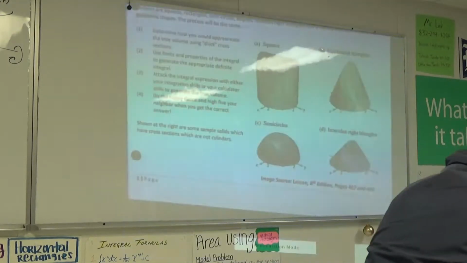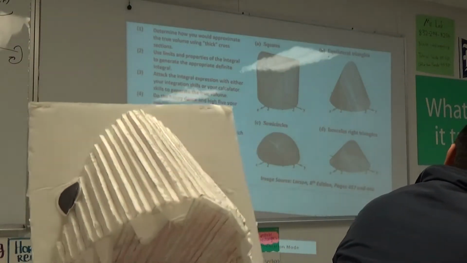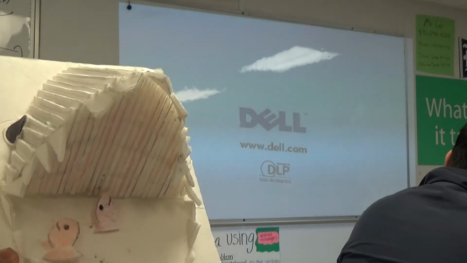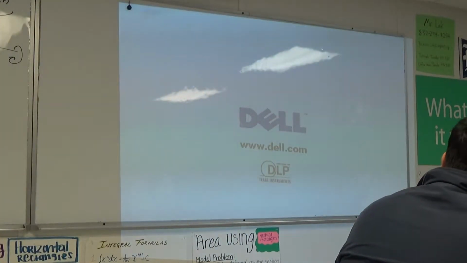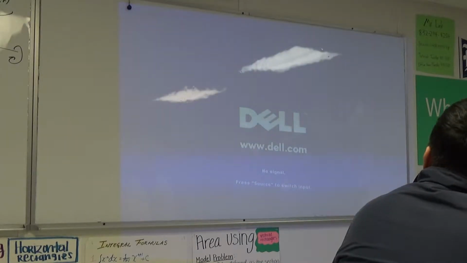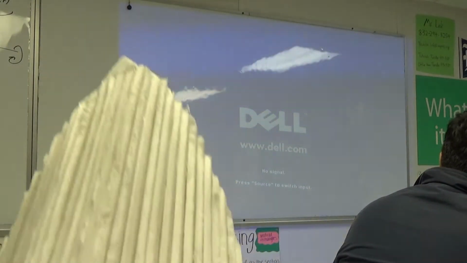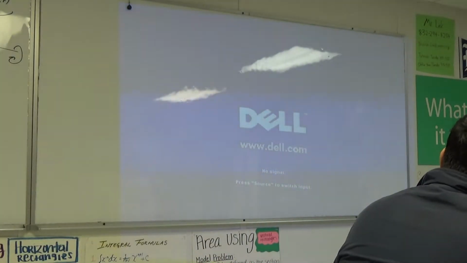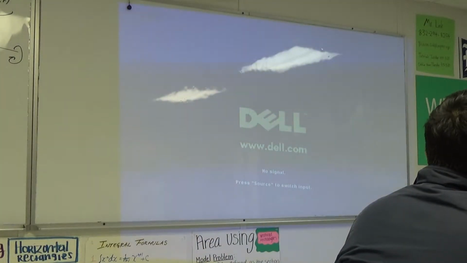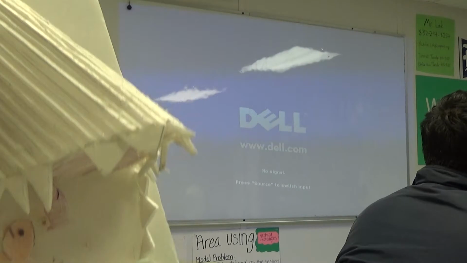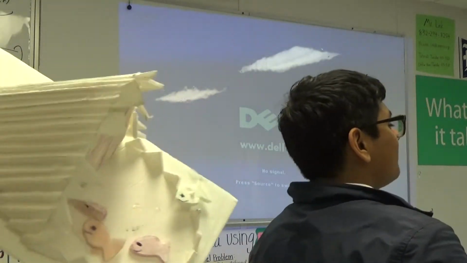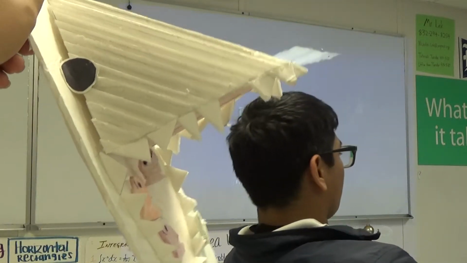What's going on here? Excellent. And now we switch. Okay. And what happened here? Is Mr. Link sabotaging me again? He doesn't want me to be the best math teacher in the room, so he sabotages me. All right, there we go.